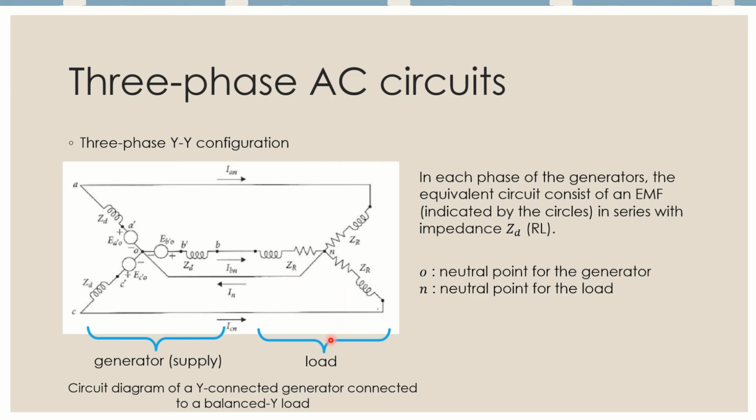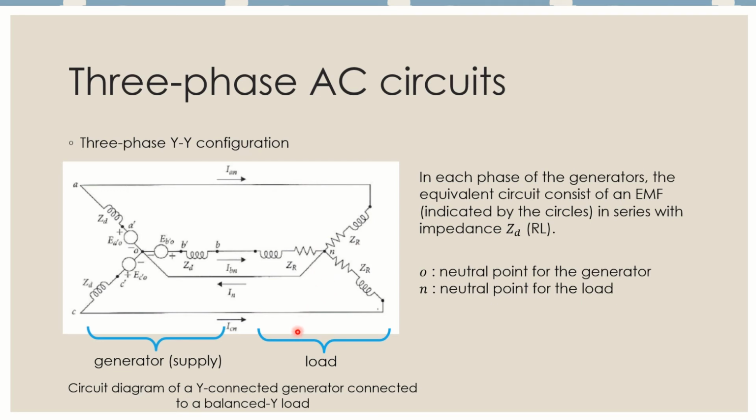Remember, the load is anything that consumes power. And we have a neutral point. N is the neutral point for the load, and O is the neutral point for the supply. All are connected in the balanced three-phase load.